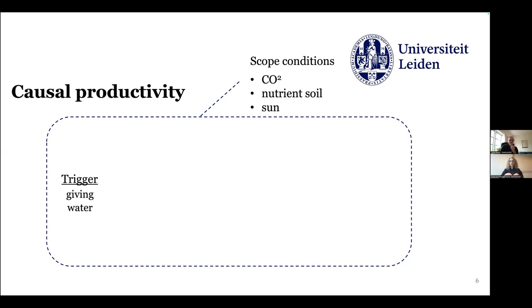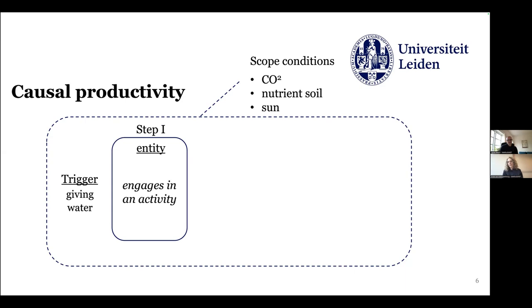We assume that something happens and that at that moment, entities start engaging in activities. The first step then would be an entity engaging in an activity, logically triggered by the trigger. Now, in most of our research projects we will have human entities, but in this case, it's a tree. So I think a logical first entity in this mechanism could be the roots, right?